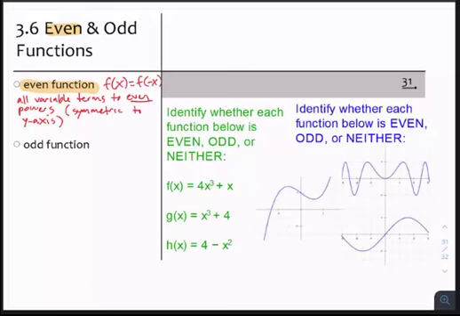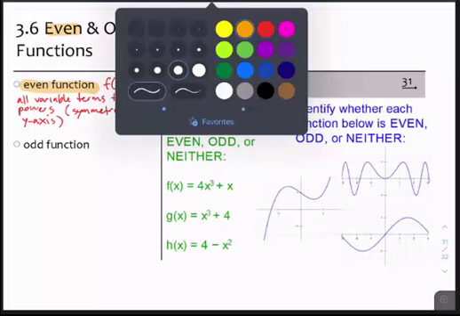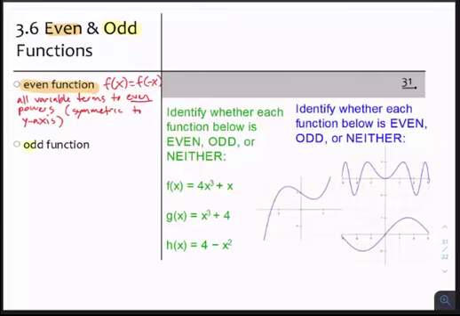For an odd function, when you replace all of the x's with a negative x, it's going to equal the opposite of the function, meaning you change the sign of every single term in the function.